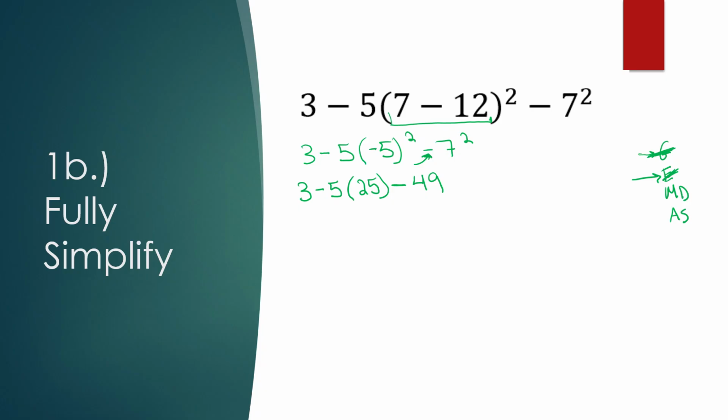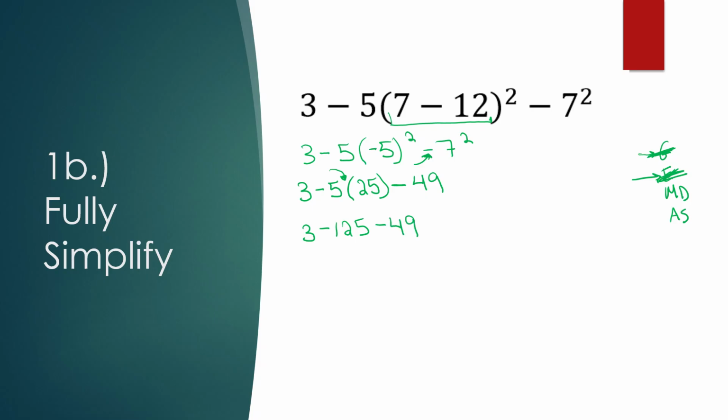Okay, now I don't see any other exponents, so I am done with that, and I now move to multiplication and division. So do I have multiplication or division? I certainly do, right here where there's a number sitting right next to the parenthesis. So that is the next thing I need to do. I get 3 minus 125 minus 49.